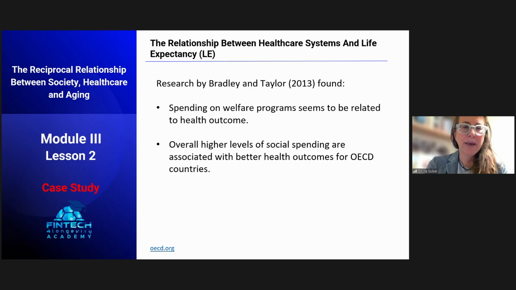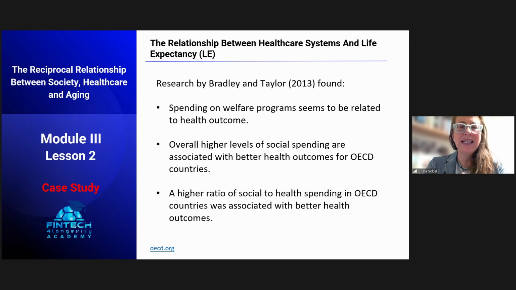Another finding by these researchers was that overall higher levels of social spending are associated with better health outcomes for all OECD countries. But more importantly, it's not only higher levels of social spending, it's also a higher ratio of social to health spending across OECD countries that is associated with health outcomes.